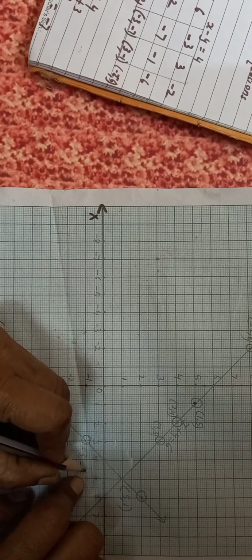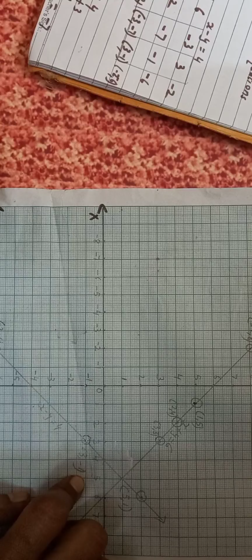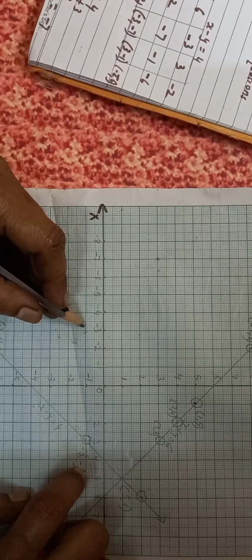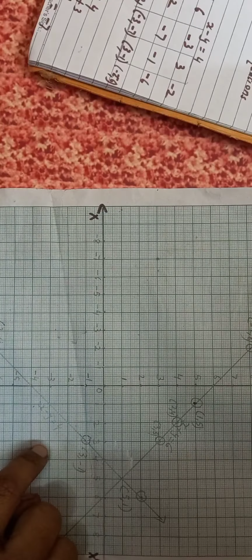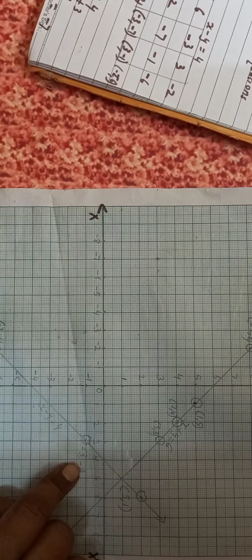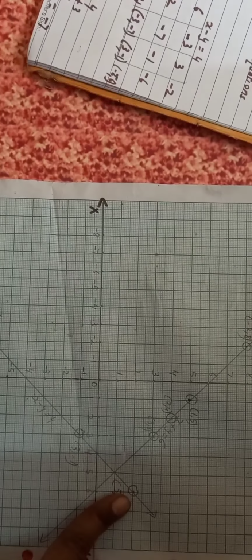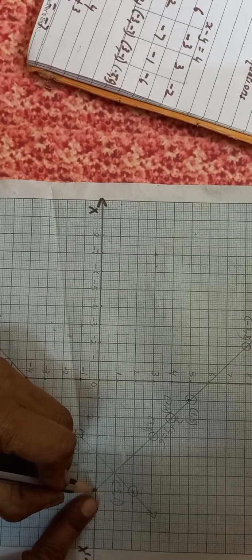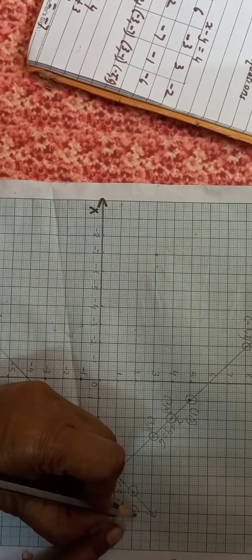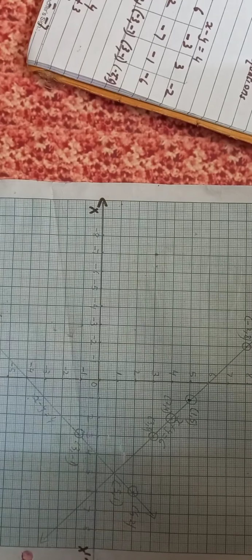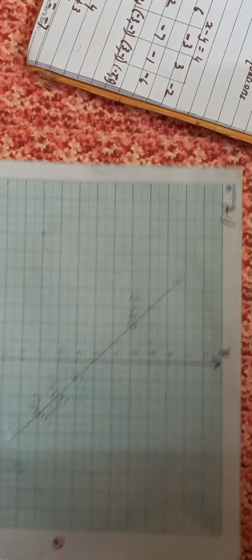And then the other one is minus 3 comma minus 7. Minus 3 is here, minus 1, 2, 3. And the fourth one, 6 comma 2, like this you mention. Okay, and complete the graph work.